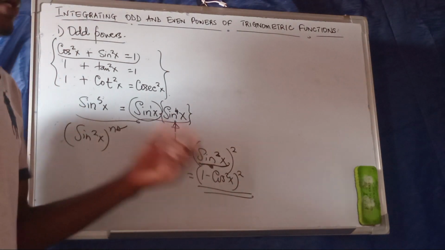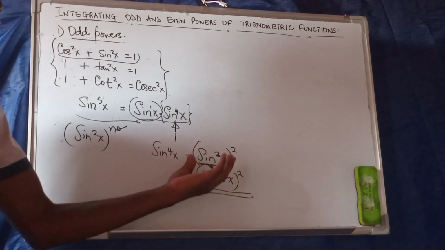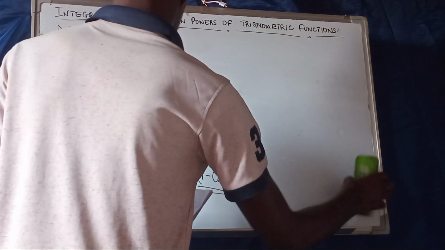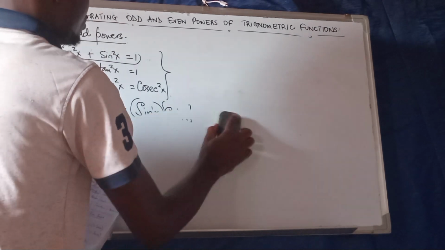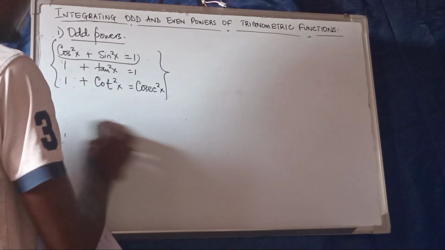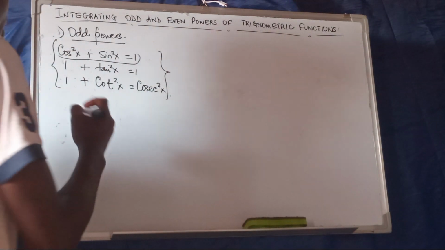So when we do an example, you shall see why we always need to do this. And it is all concerned with substitution, which is very okay. For example, let us do an example.